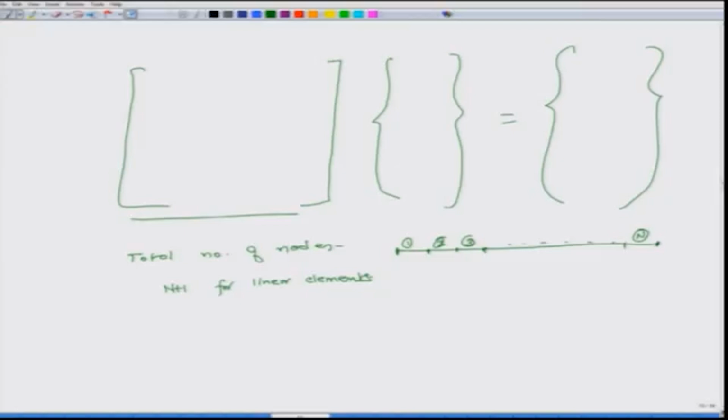Agreed? If you have quadratic elements, then how much will be there? N plus 1, and then there will be one node in the middle of each element. So it will be n plus 1 plus n for quadratic elements. If it is a cubic element, then it will be n plus 1 plus 2n.